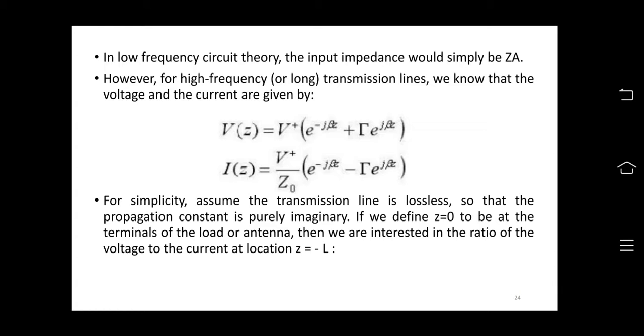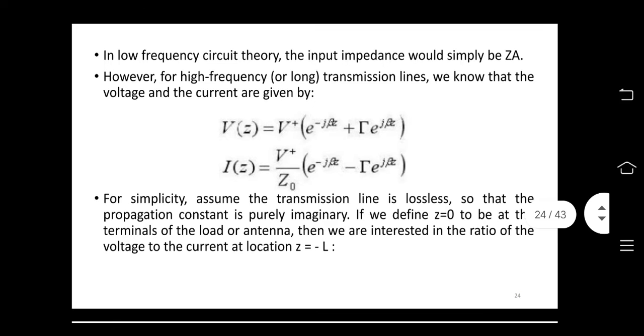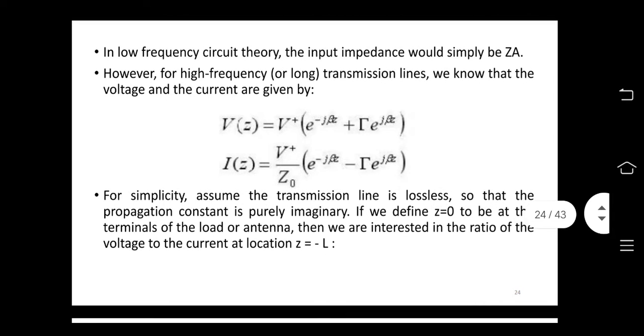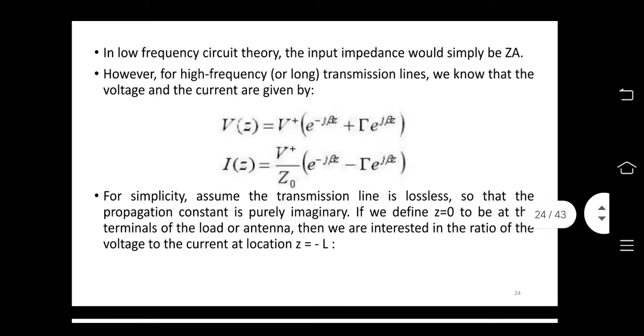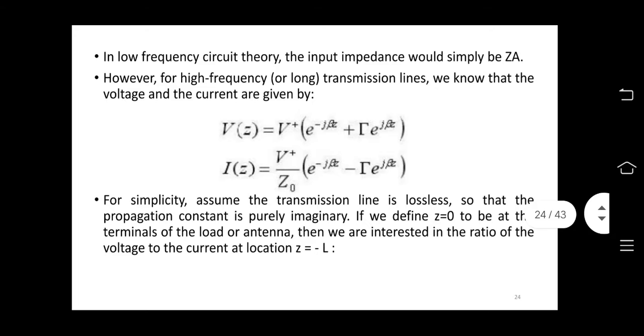For high frequency cases in long transmission lines, the voltage and current will be given by the equations V of Z equals V plus e power minus j beta Z plus gamma e power j beta Z, whereas I of Z is equal to V plus by Z0 into e power minus j beta Z minus gamma e power j beta Z. For simplicity, let's assume the transmission line is lossless, so that the propagation constant is purely imaginary.